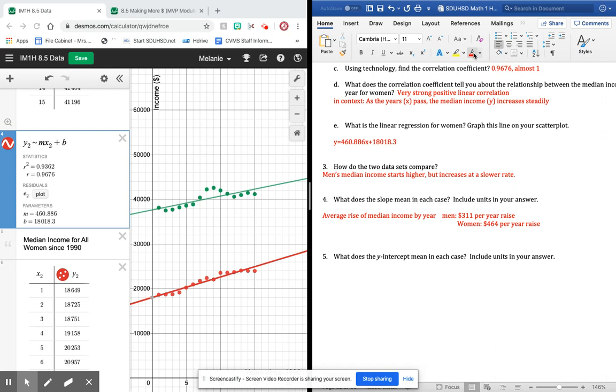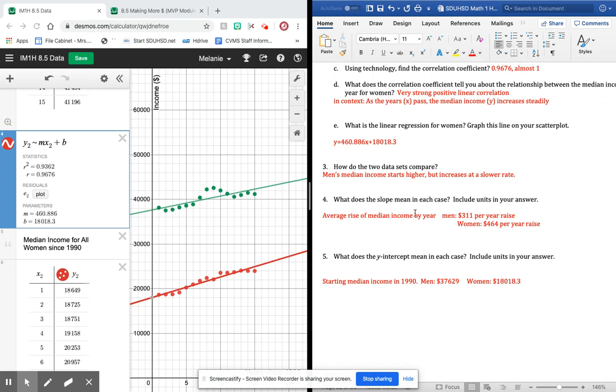So what does the y-intercept mean in each case? Well, the y-intercept means the starting median income in 1990. So for the men, that's $37,629. And for the women, that's $18,018.3.